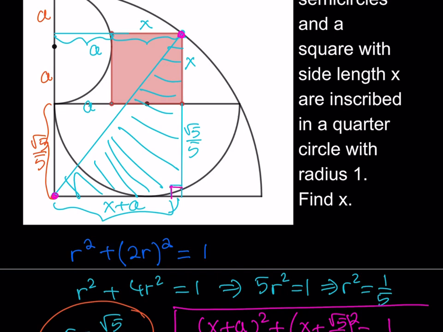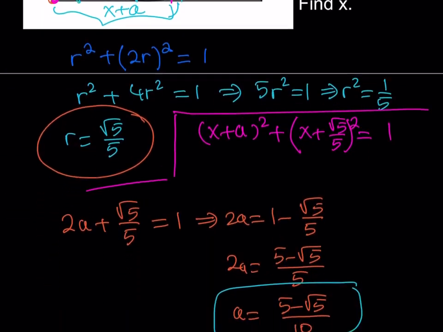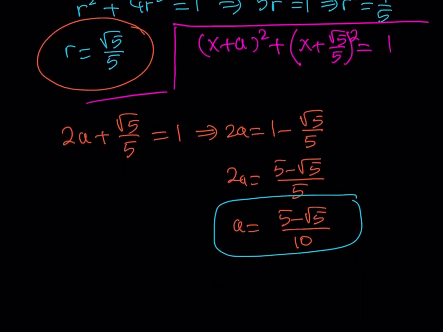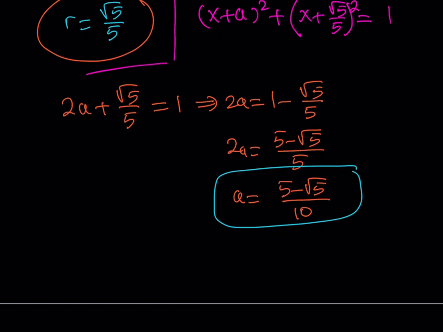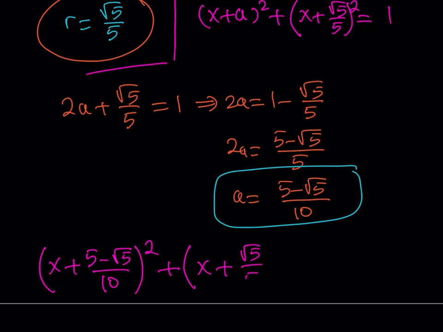Right there. That's my right triangle. Awesome. So I have everything I need. What I need to do now is replace the a with what it is and then solve this quadratic equation. So I have x plus 5 minus root 5 over 10 squared plus x plus root 5 over 5 squared, and the whole thing is equal to 1.